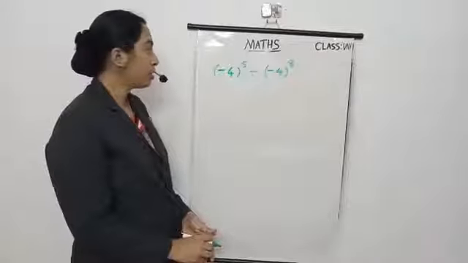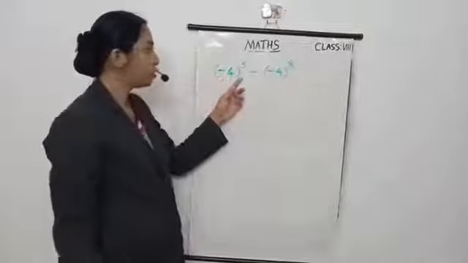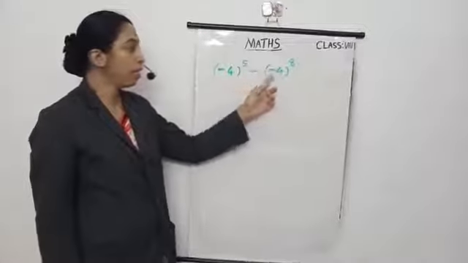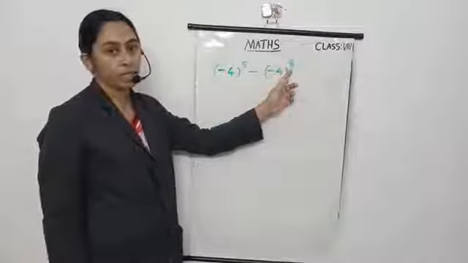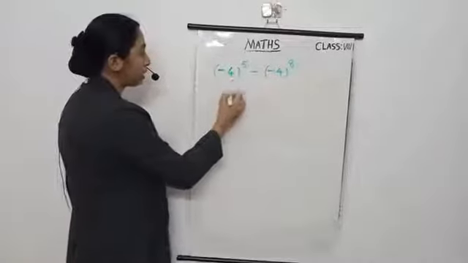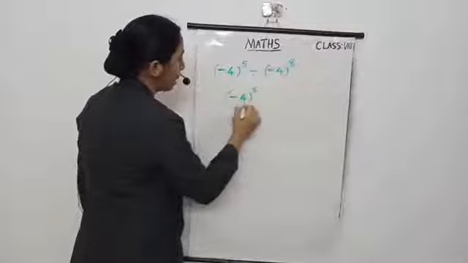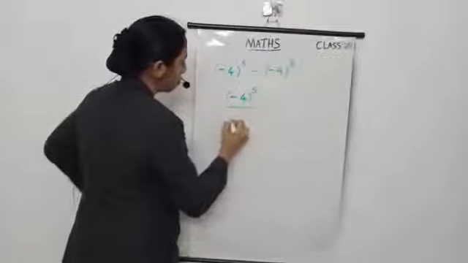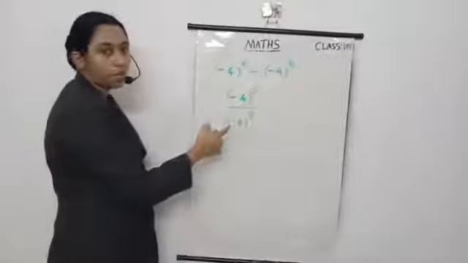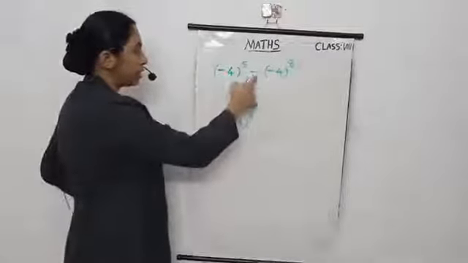Okay. So the first question is minus 4 raised to 5 divided by minus 4 raised to 8. So we can rewrite this question like minus 4 raised to 5 by minus 4 raised to 8. Just rewrite like this, since it is division.